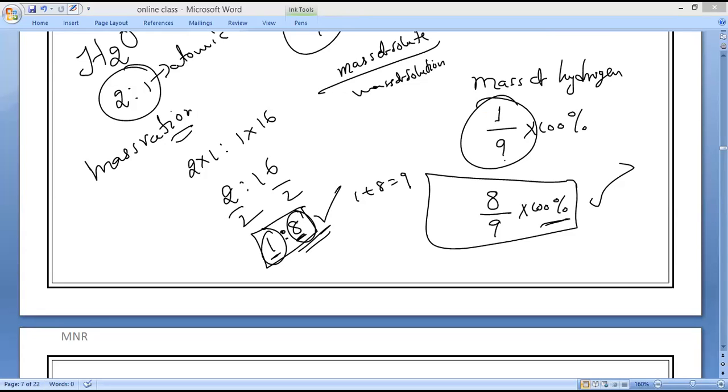Now, are there any drawbacks? That is what we are going to study now. By Dalton's time, there was no knowledge of electrons, protons, and neutrons. They didn't know that the atom is also made up of 3 subatomic particles called electrons, protons, and neutrons.